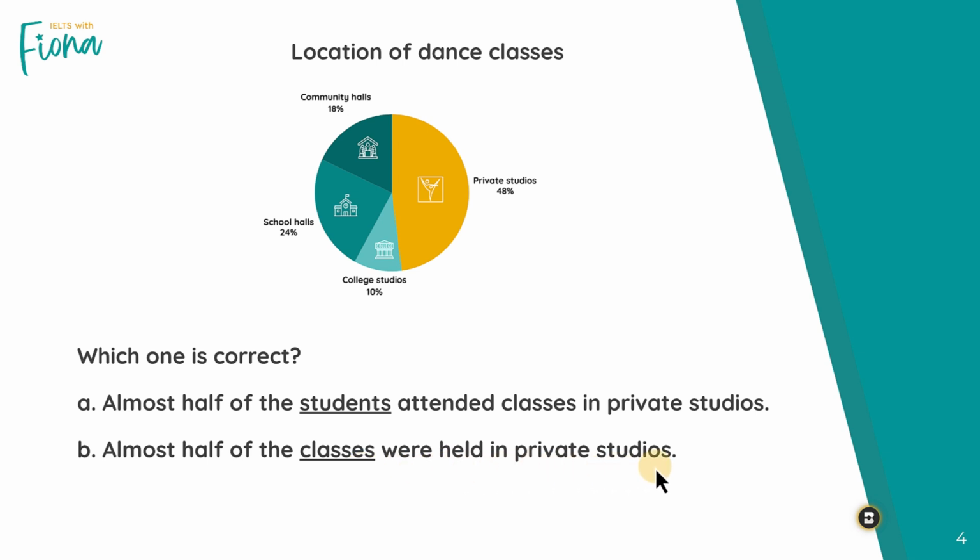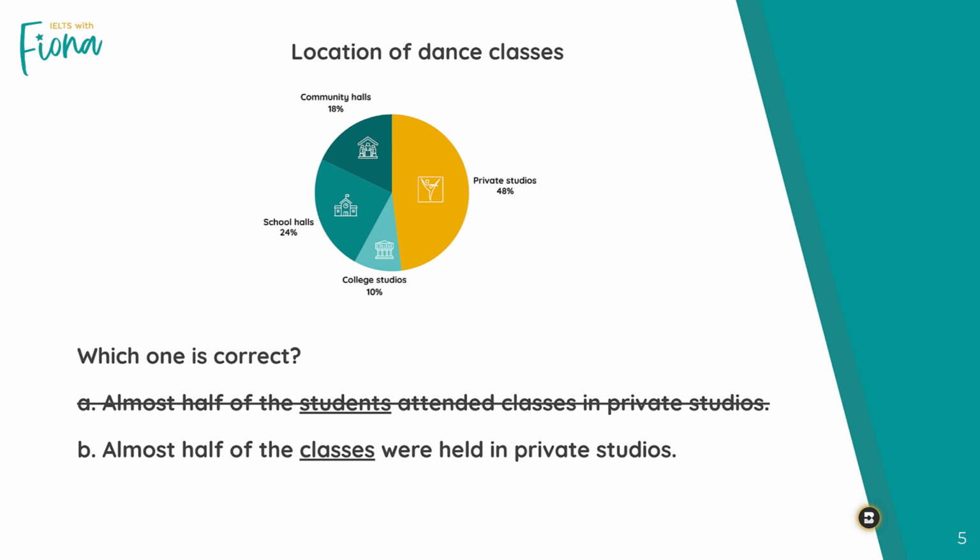You might be thinking, well, that's active, that's passive. Don't focus on that now. Focus on, is it about the students or is it about the classes? And go back to the title. It says the location of dance classes. So the correct answer is this one.